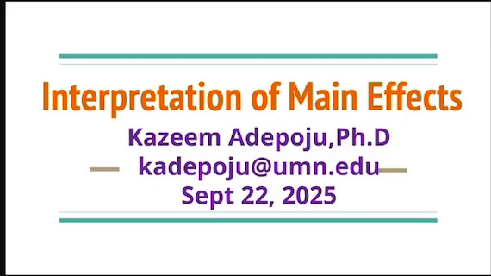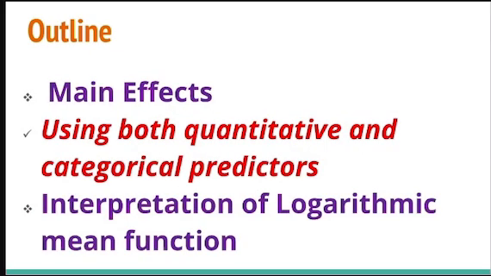In the outline, I'm also going to talk about a situation where your regression model has more than one predictor, one categorical and the other quantitative. How do we interpret that kind of model?